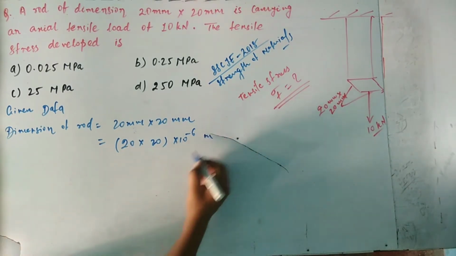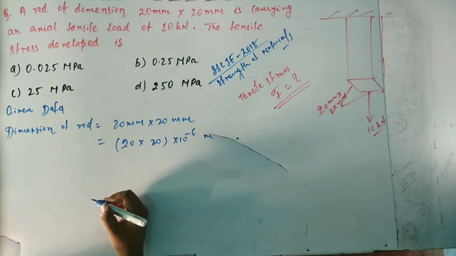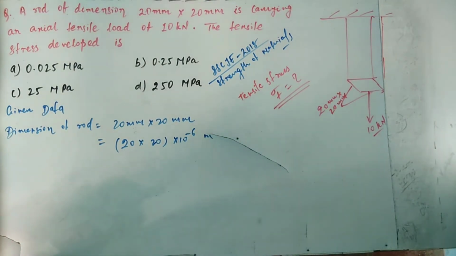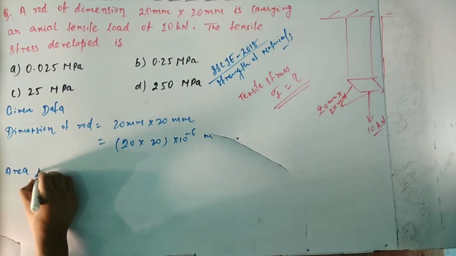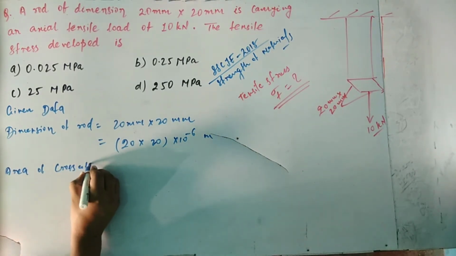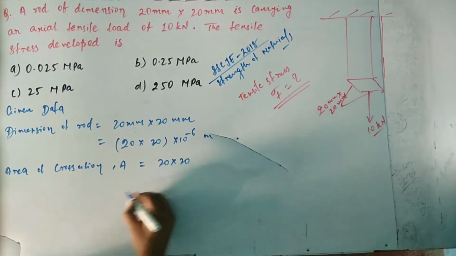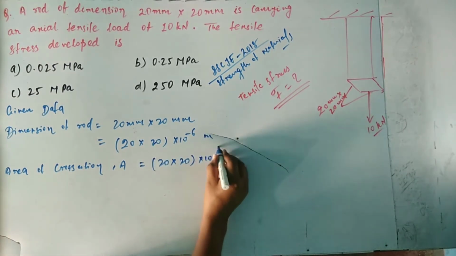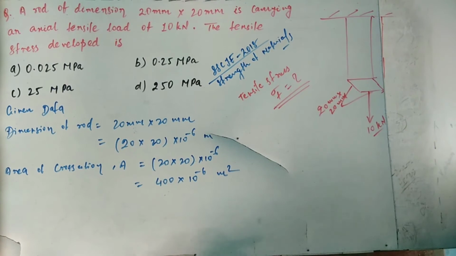So 20 into 20 into 10 to the power minus 6 meter square, that is the cross-section area of the rod. So area of cross-section A is equal to 20 into 20 into 10 to the power minus 6, so it will be 400 into 10 to the power minus 6 meter square.